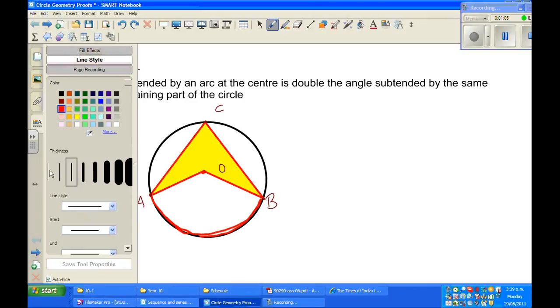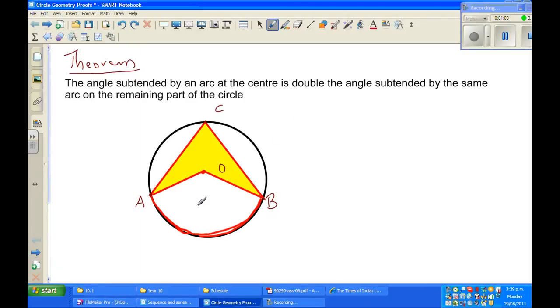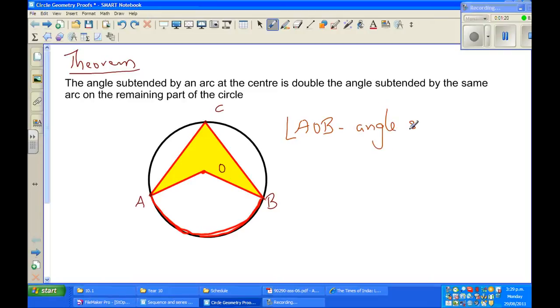So let me get a thinner pen. So this angle AOB is the angle subtended at the center. That's what we mean by angle subtended at the center.